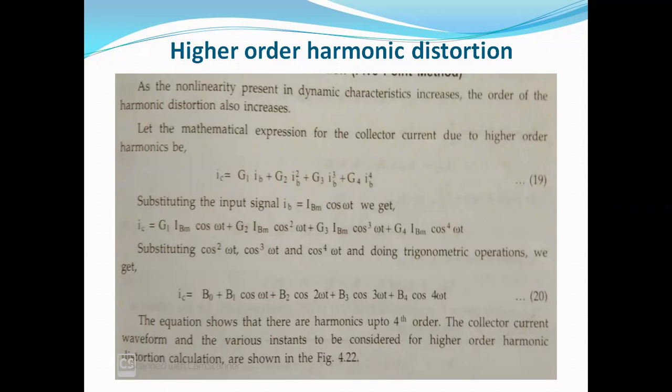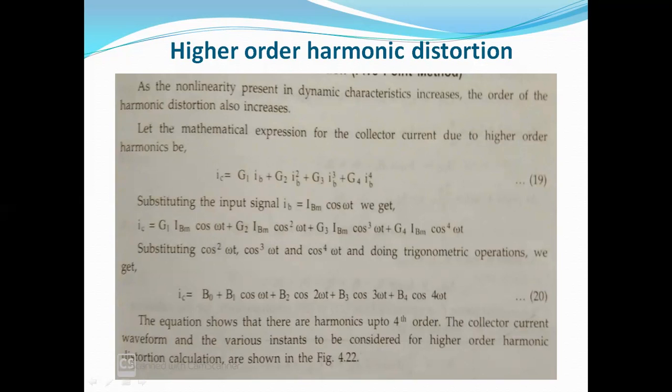The input current is the base current, and the output current is the collector current. So the base current is mathematically represented as IBM cos omega t. If you apply an AC signal to the power amplifier, then the signal at the base terminal is mathematically expressed as IBM cos omega t. And if IB is the base current, then IC is the collector current, that is, the output current.